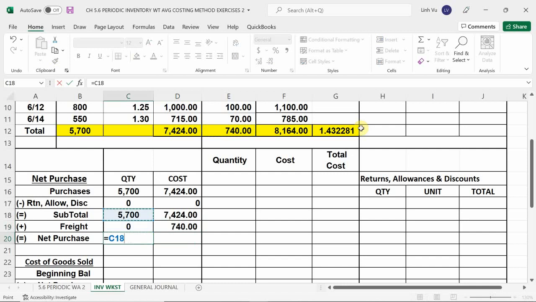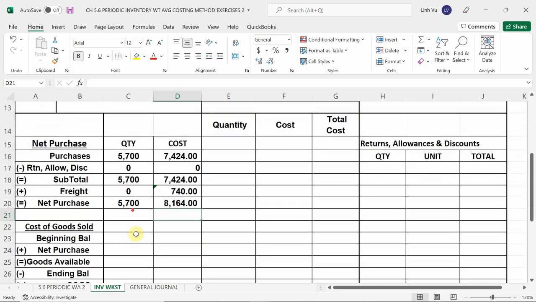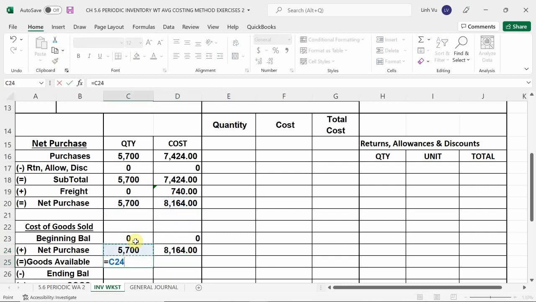That will end up yielding the same number of units at the total cost of $8,164. Since we don't have beginning inventory, that's not going to affect our net purchases. If we carry down our net purchases plus beginning of 0, it's just going to be your goods available. It's just going to be your net purchases.